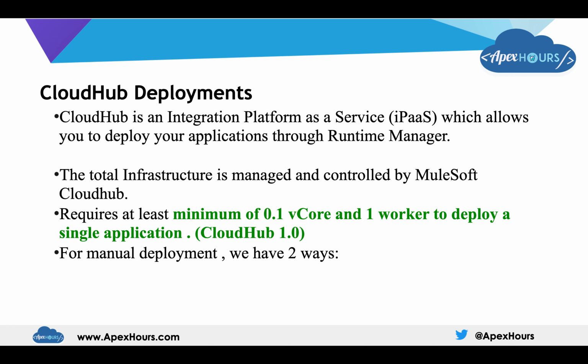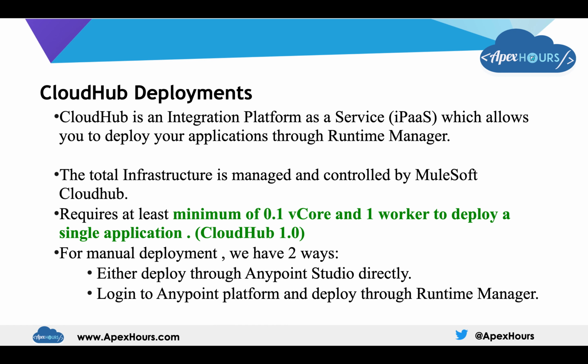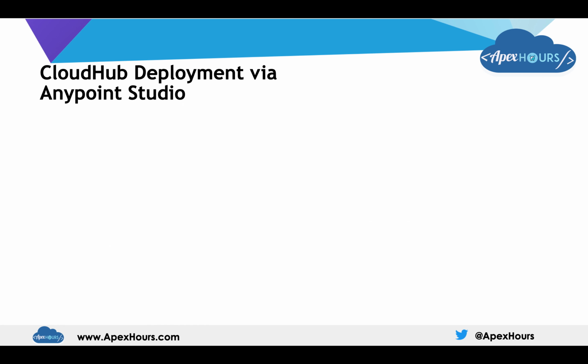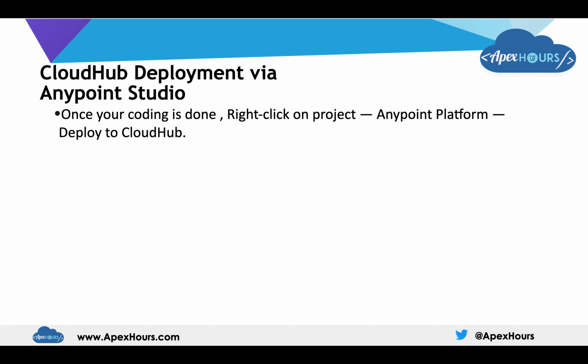From there the DevOps team has their own scripts to run and deploy the applications. In this session we will see how to deploy the application using Anypoint Studio directly, or log into Anypoint Platform and deploy through Runtime Manager. The process is the same, only the way you deploy changes. So, CloudHub deployment via Anypoint Studio. Once your coding is done, right click.